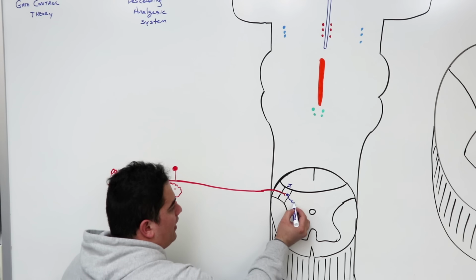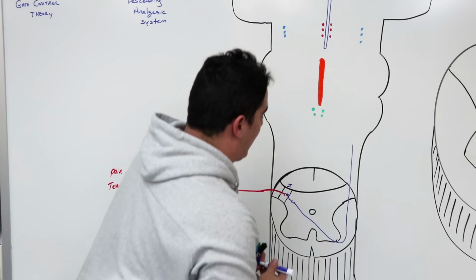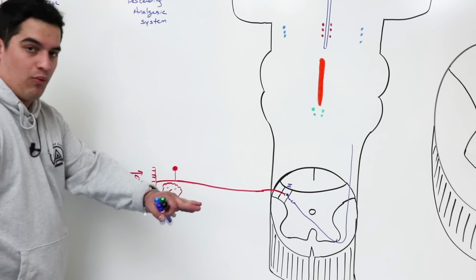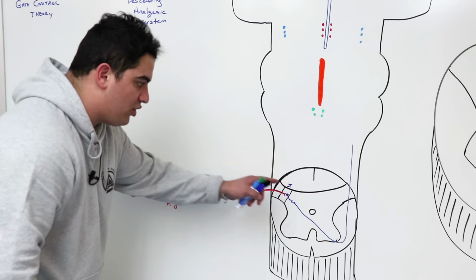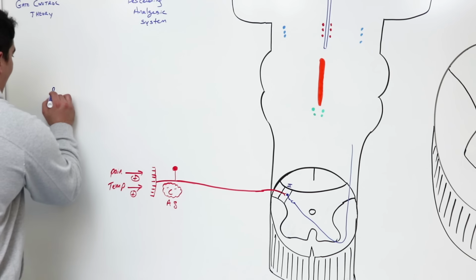Then from here it'll activate some more axons, cross over, and move up through the anterior lateral system. So we know that there's a pain and temperature pathway, mainly regulated by the C fibers, going to lamina 2. That's important. And again, what is at Rexed lamina 2?